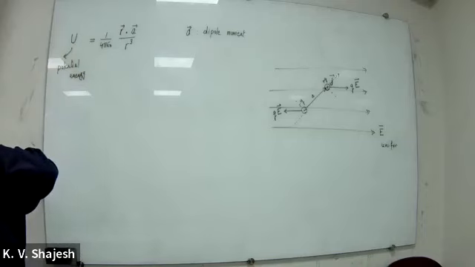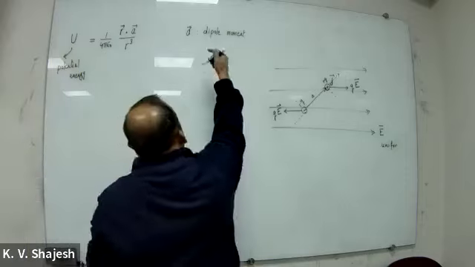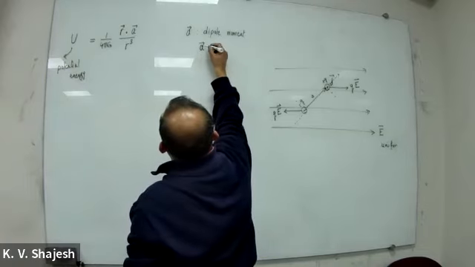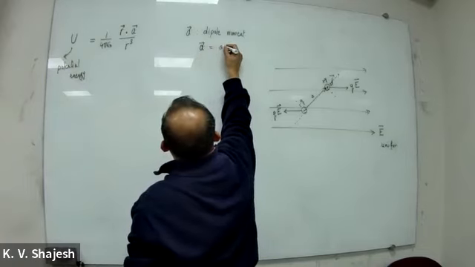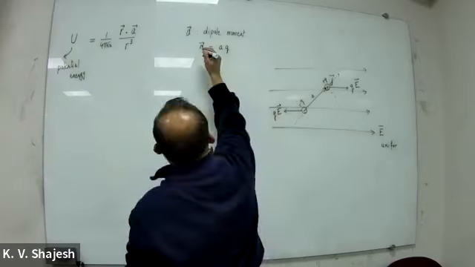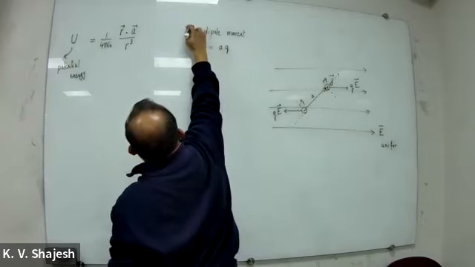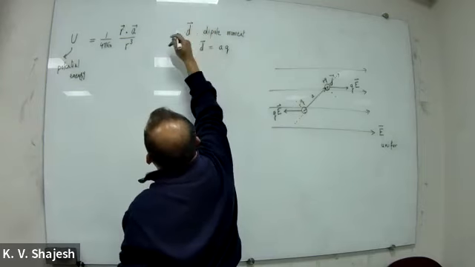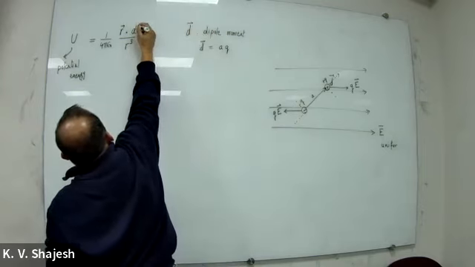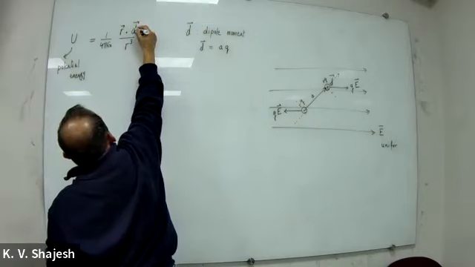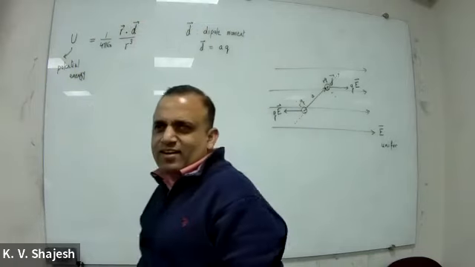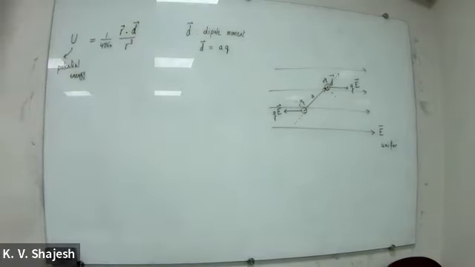So no unit vector. So she's a charge, but dipole moment is A times Q, right? So let's say this is D. Vector D, dipole moment. What is wrong in this?